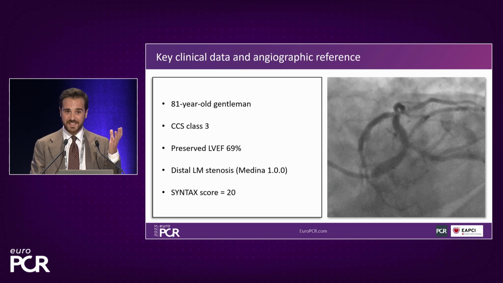So to summarize our key clinical and angiographic data, we are dealing with an 81-year-old gentleman who is symptomatic for angina, CCS class 3, who has a preserved left ventricular ejection fraction, and has a significant stenosis of the distal left main, a bifurcation stenosis Medina 100, and has an overall syntax score of 20.